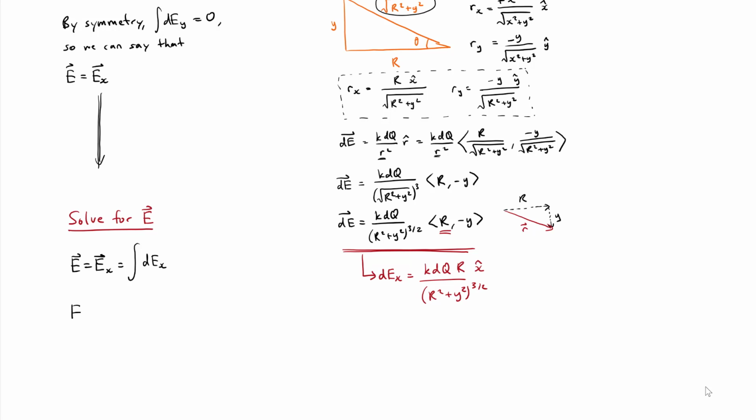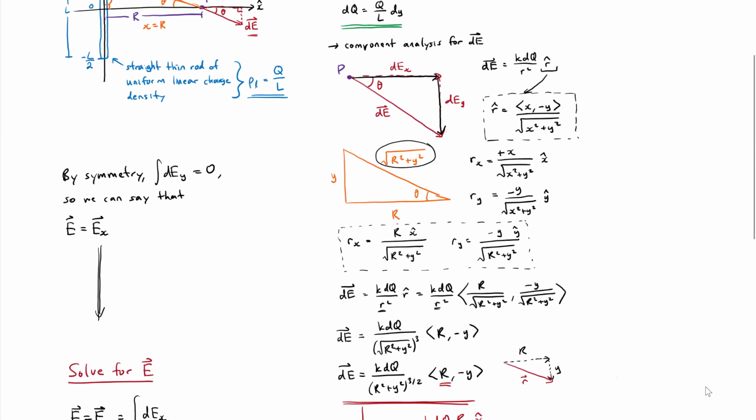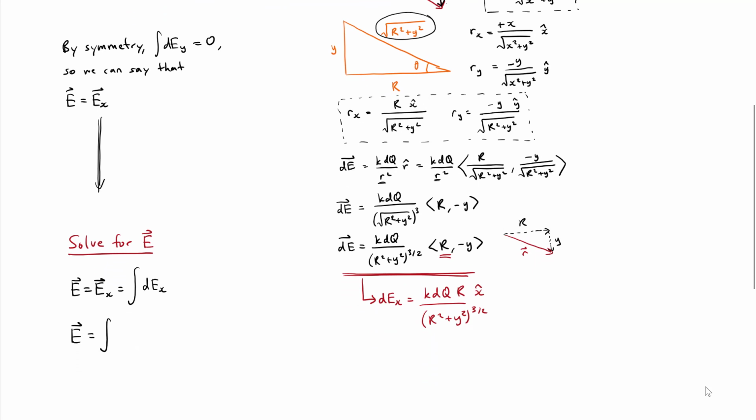So E is equal to the integral, and once again, if I'm integrating, I have to integrate with respect to dq, and dq we already solved for. dq is equal to q over L dy. So let's rewrite this as kR, dq is q over L dy.